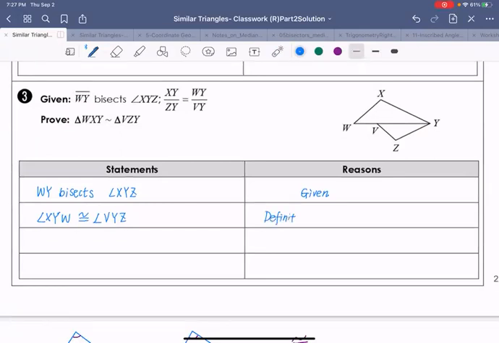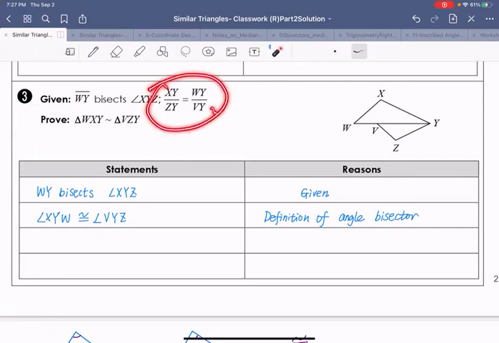Definition of what? No. This is bisecting this angle, so you have to say an angle here. Make sense? Angle bisector. What else haven't we used yet? This one, right? Can we copy down here? Okay.